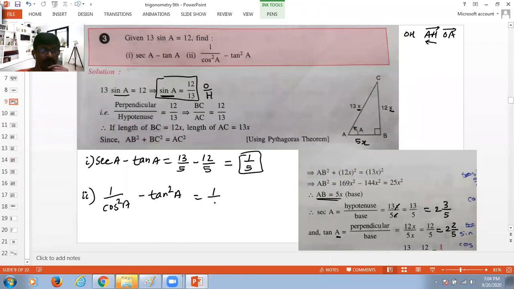So adjacent upon hypotenuse, can I write this up and whole square, minus tan is OA, opposite upon adjacent, the whole square, with respect to what? With respect to angle A. So what is that? Hypotenuse upon adjacent, so that is 13 upon 5, the whole square.